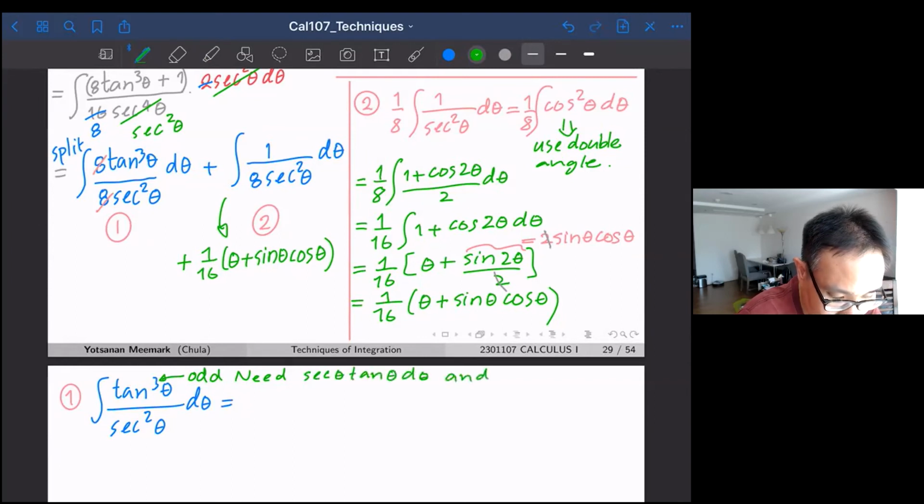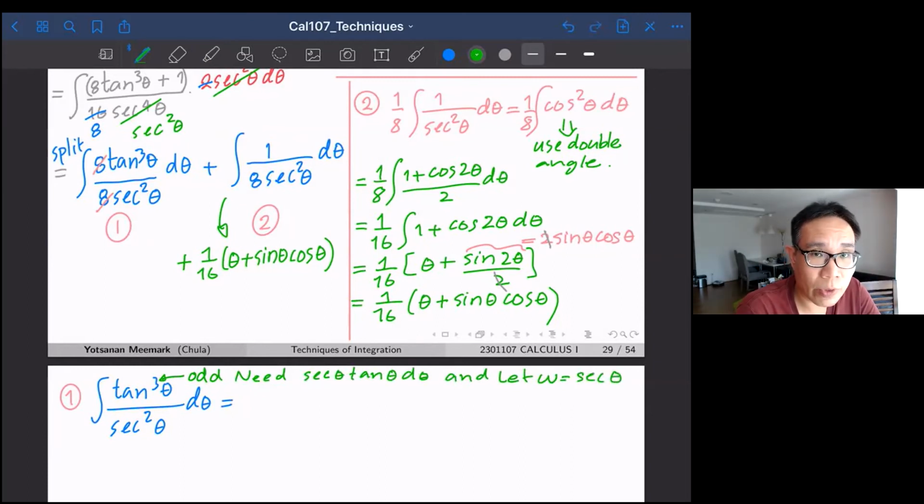And you will let w be sec theta. This is the technique that we learned in 7.2, the second half.